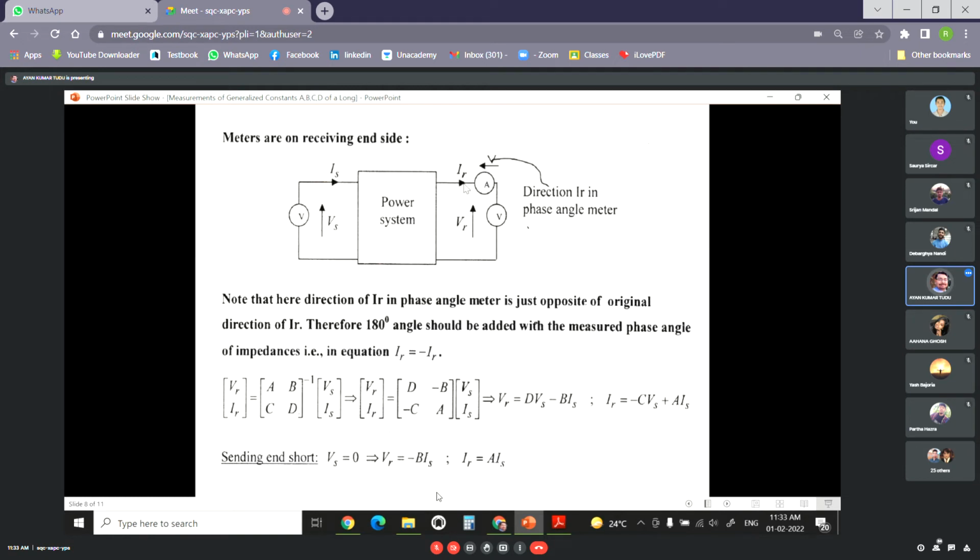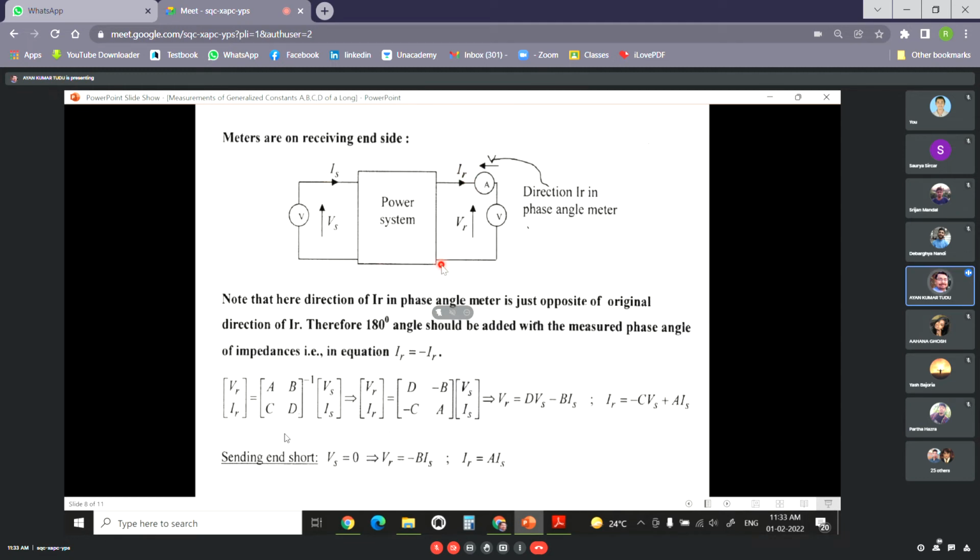As you can see, the current flow should have been in this direction, since the meters are on the receiving end side. So the supply is present here, but the phase angle meter is measuring the current to be in this direction. So this is the direction of IR in which the phase angle meter is measuring.